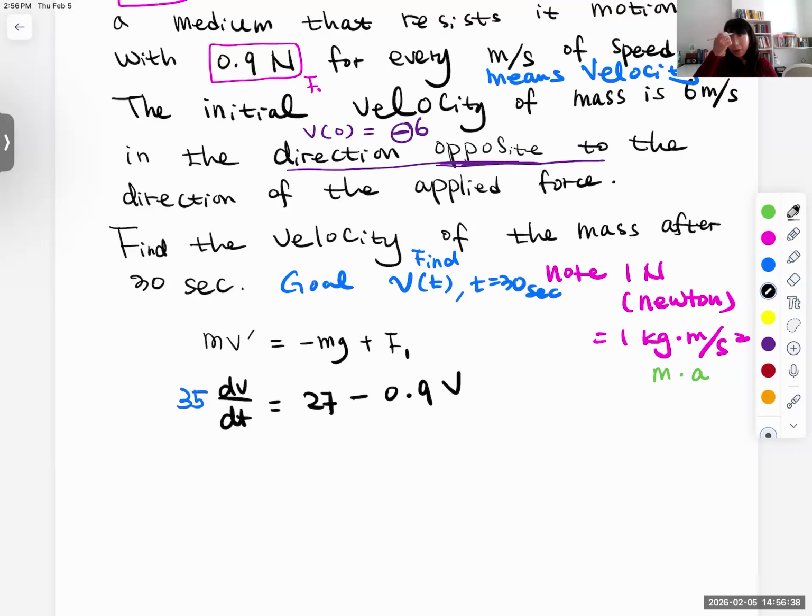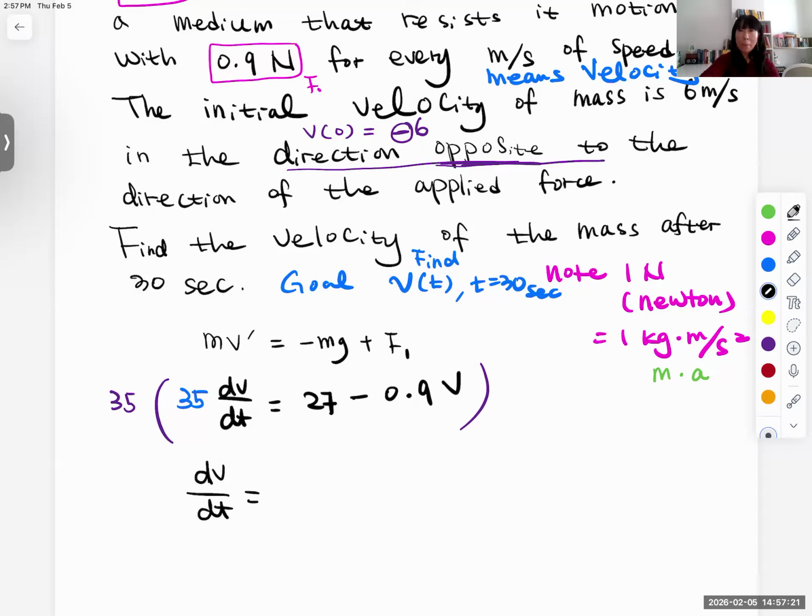Now let's make dv over dt one side, so we divide every term by 35. Then dv over dt equals 27 over 35.